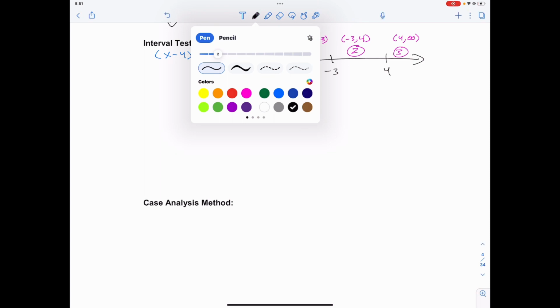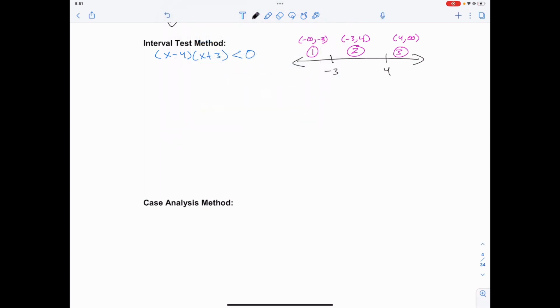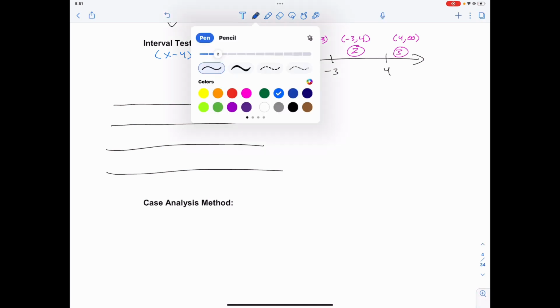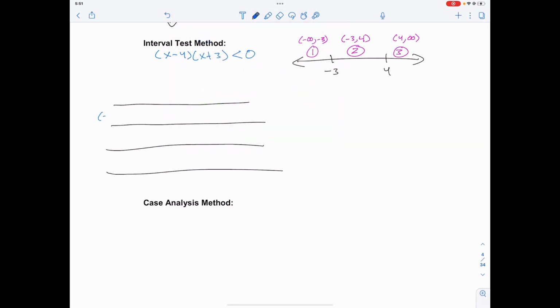And I'm going to use that on my chart. So I'm going to state along the left-hand side, I have my intervals that we just said. I'm going to have the interval of -infinity and -3. I'm going to have the interval of -3 and 4, and I'm going to have the interval of 4 and infinity.